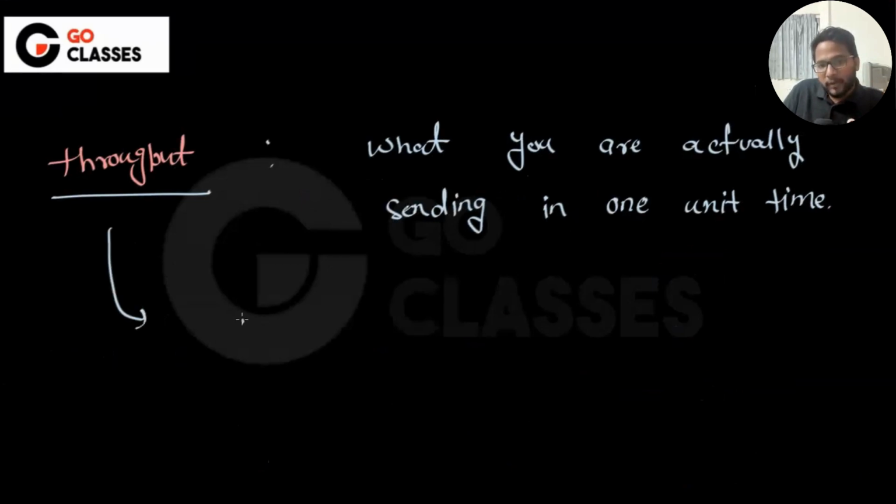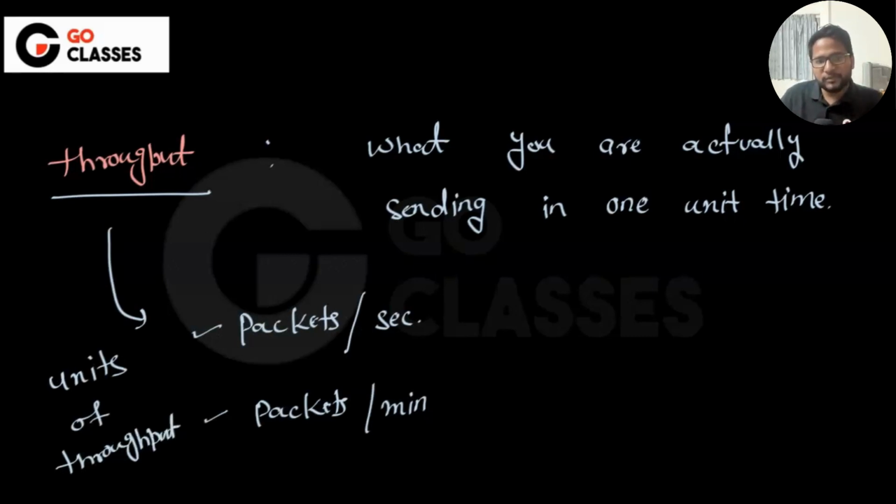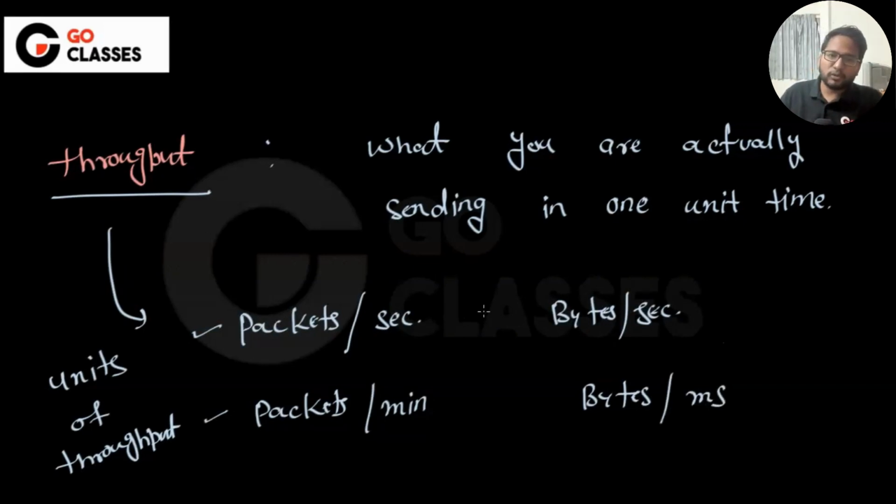Can throughput be measured as how many packets you are sending in 1 second, or in 1 minute? These are also units of throughput. Can I also say how many bytes you are sending in 1 second, or bytes per millisecond? Whatever is the unit of bandwidth is also the unit of throughput. What you are actually sending is called throughput, right?